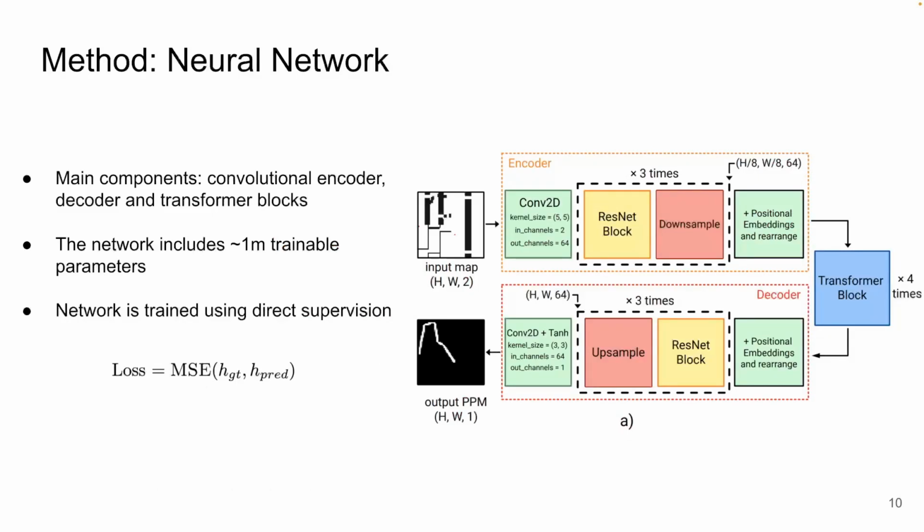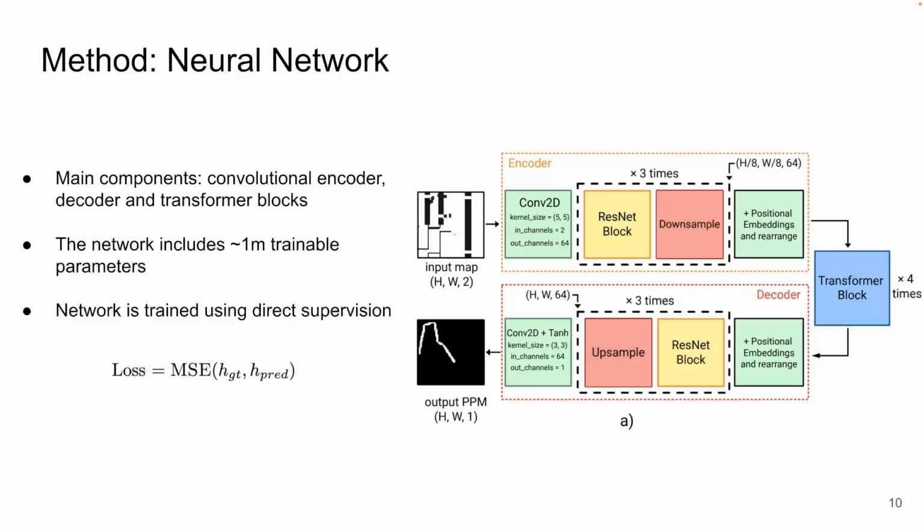The architecture of the model that we use to predict proposed heuristics has three main blocks: convolutional encoder, spatial transformer, and convolutional decoder. Convolutional encoder utilizes ResNet blocks and is aimed at extracting the local features of the pathfinding instance, such as corners of obstacles, narrow passages, etc. Transformer leverages the mechanism of self-attention to establish the global relations between these features.